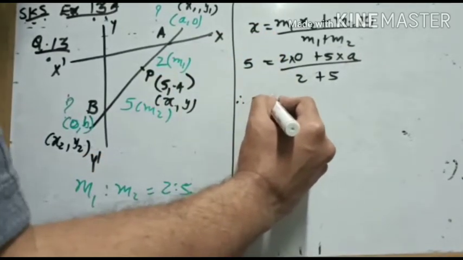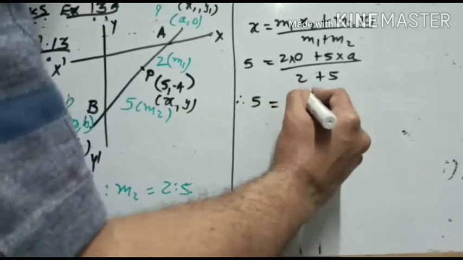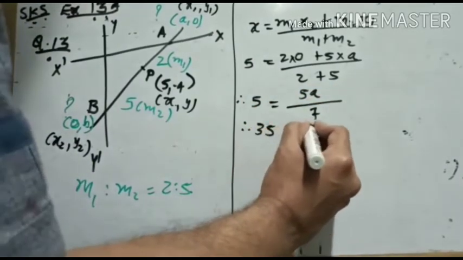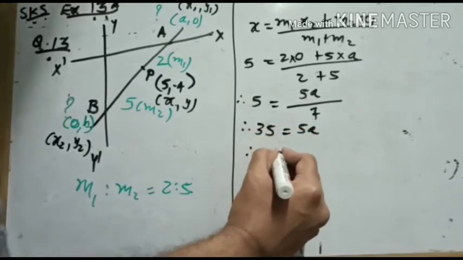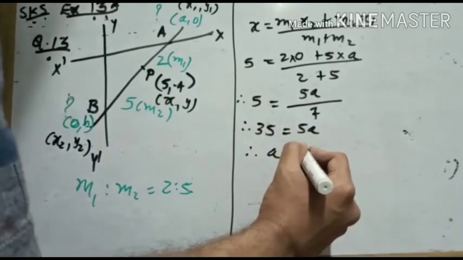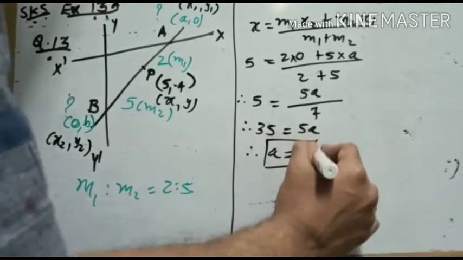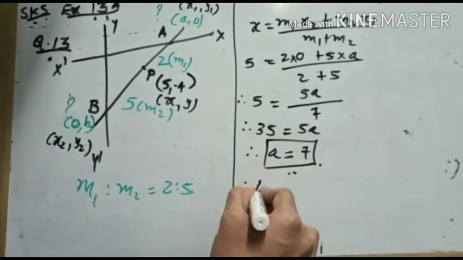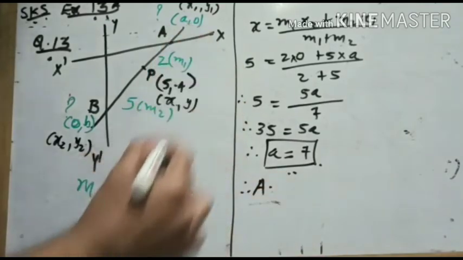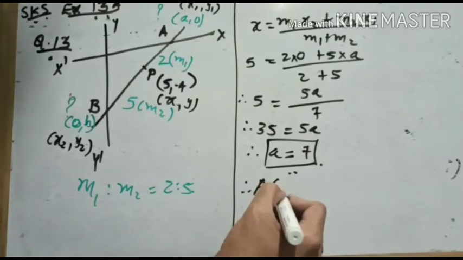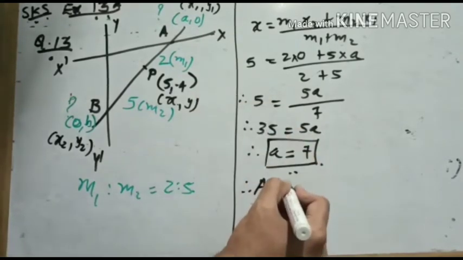So this becomes 5 is equal to 5a over 7. So this will be 35 equal to 5a. Therefore a value will be equal to 7.